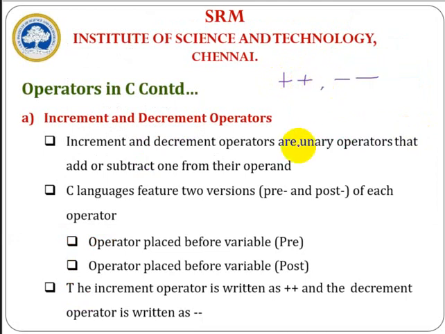So there are the incrementation and decrementation operators, and these operators will also have pre or post forms. So in the C language, if I'm going to take any variable, let us say A, increment A plus plus, this is nothing but the post. So I'm getting the operator after the operand.